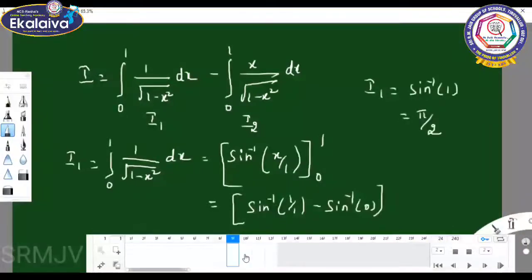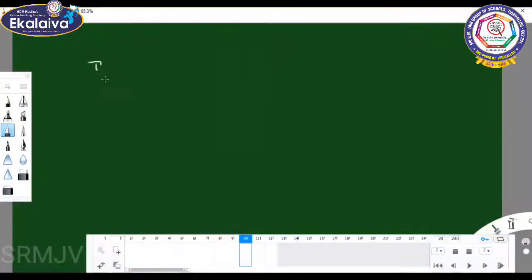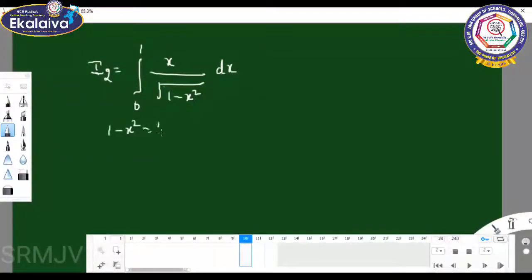Next, you can take it as I2. I2 equal to integral 0 to 1 x by root of 1 minus x square into dx. Whenever x square and x come, you can take the highest degree as t. So I can take 1 minus x square equal to t.